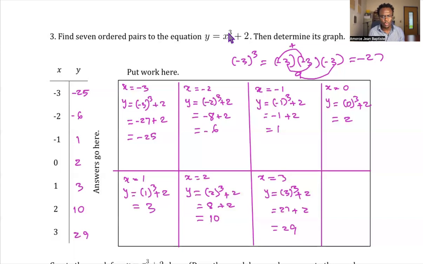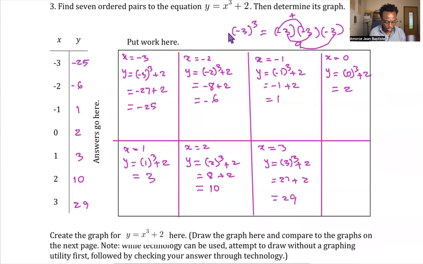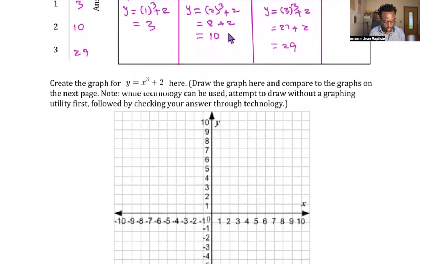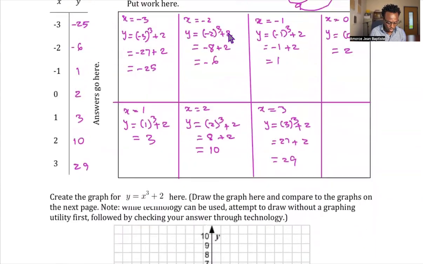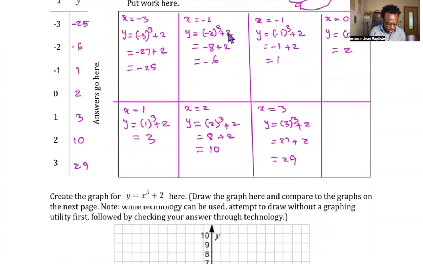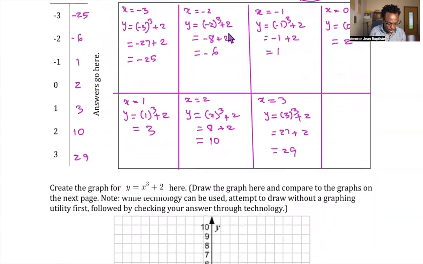So we're going to try to plot the points in the coordinate system: -2, -6, -1, 1, 0, 2, 1, 3, and 2, 10. So we're going to start with -2, -6. -2, -6 is down here. We have -1, 1.